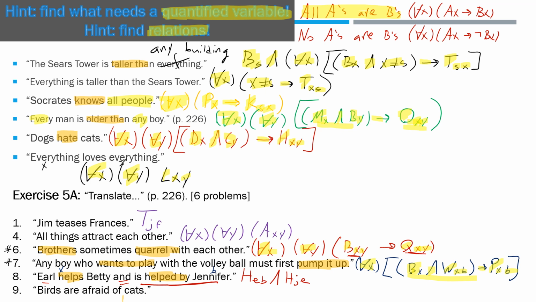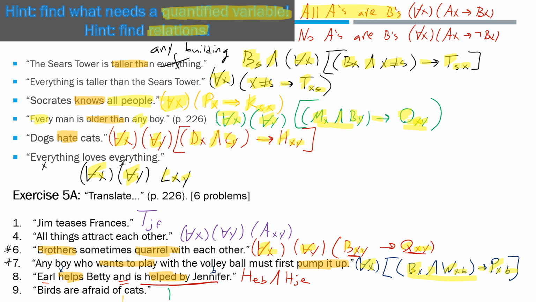And finally, birds are afraid of cats. This is very similar to some of the other examples, like, I don't know, dogs hate cats, that kind of thing. So we can think about all birds are afraid of all cats. So we need two quantified variables, and we get the following then.